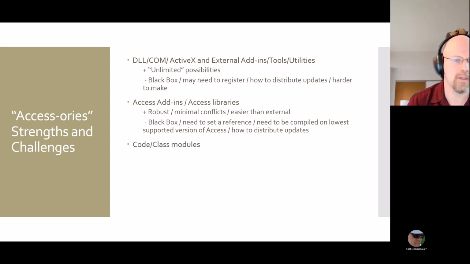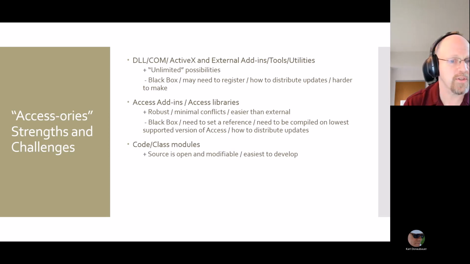And then we get to the code in class module group, where the source is open and modifiable. That's a good thing and a bad thing. I think they're also the easiest to develop. I was half listening to some of the topics yesterday, and I saw in the Northwind demo, Tom talk about a string replacement utility.